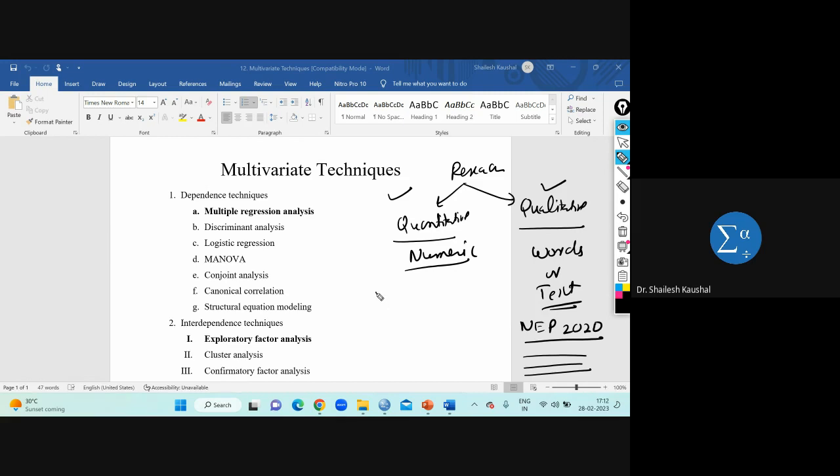Same question I can ask in quantitative research: Do you like the new education policy 2020? And there are two options. You may like this policy, or you may dislike this policy. If you like it, you can tick yes.